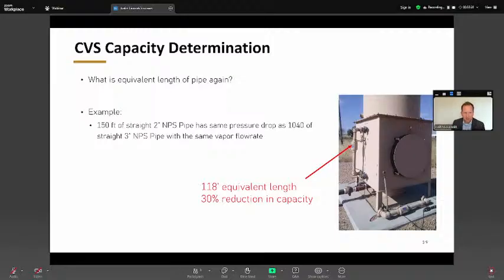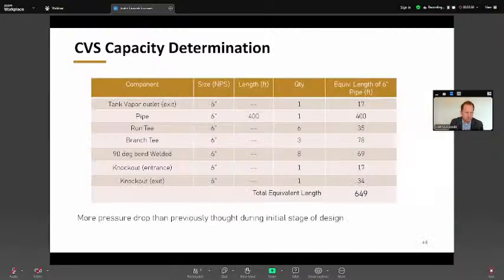This little flame arrestor has the equivalency of 118 feet of 3-inch pipe, which is a 30% reduction in capacity. So you might have a hugely oversized vent coming off your tanks, but you have that little flame arrestor in there, and you add 118 feet that you might not be accounting for. So we want to always look for these bottlenecks and make sure that we're not oversizing something and then shooting ourselves in the foot by putting too restrictive of a flame arrestor on.